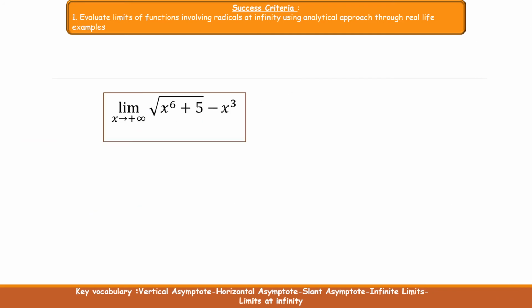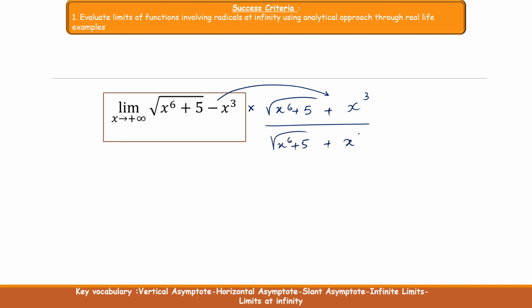Let's try this question. So take the conjugate. We will write square root of x power 6 plus 5. This minus will be changed into plus, and then x cube, divided by the same terms that you write in the numerator. Now the formula a plus b times a minus b equals a square minus b square.